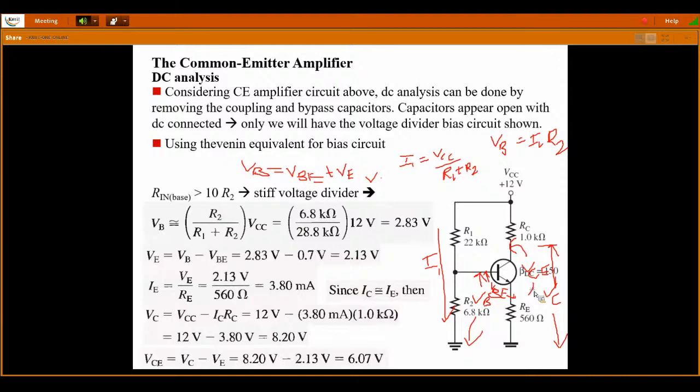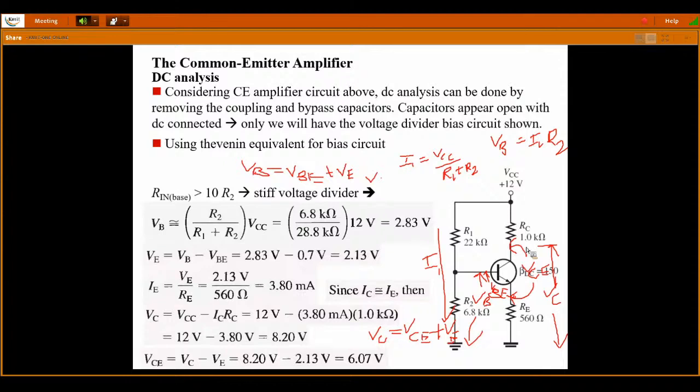if I wanted to find the collector to emitter junction voltage, then we have to take this total, VC, equal to VCE plus the emitter voltage.